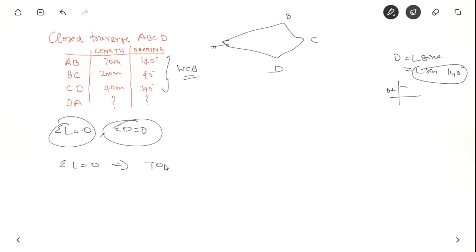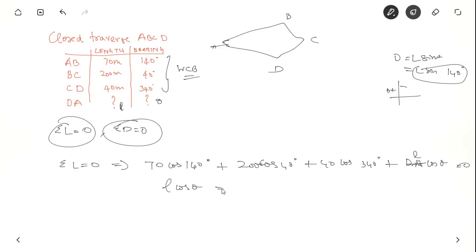It is 70 cos 140 degree plus 200 cos 40 degree plus 40 cos 340 degree plus the unknown side. Let us say this bearing is theta and let us denote this by L. So L cos theta equal to 0. If you solve this, you will get L cos theta equal to minus 419.1.